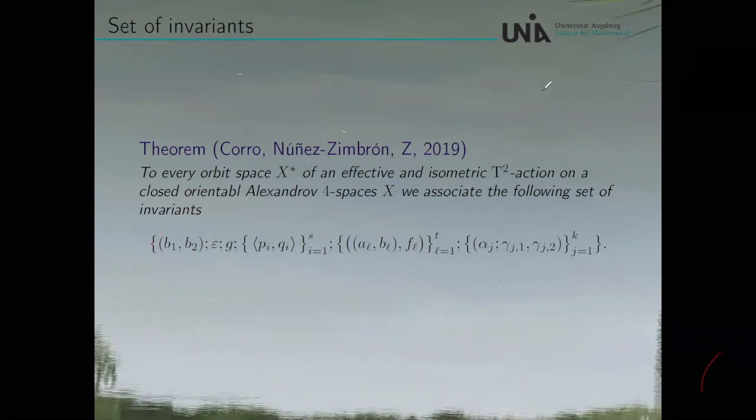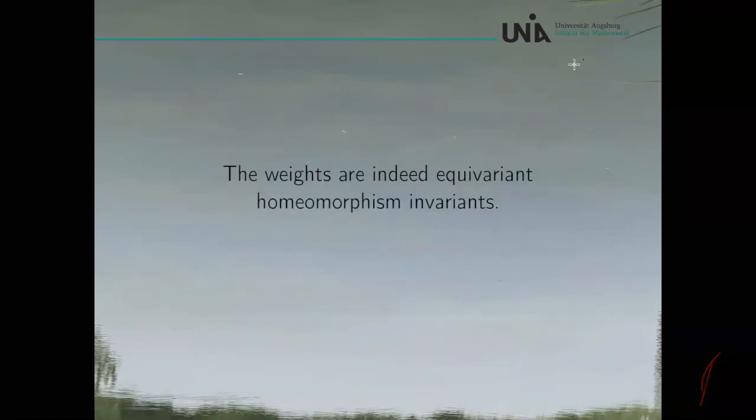But now the question is, are they really invariants? Meaning that if I have a torus action on another Alexandrov space and I get the same weight, then are the two Alexandrov spaces equivariantly homeomorphic? In this part, I show that they are indeed invariants.